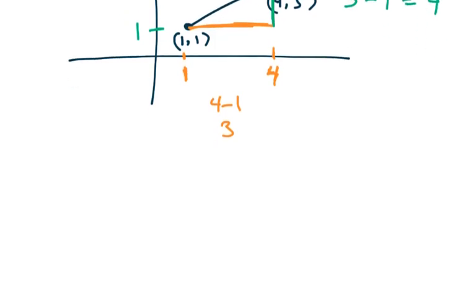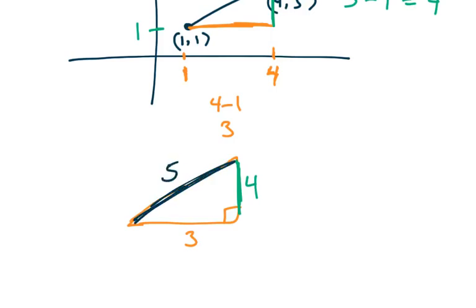So what have I actually done? What I've done is I've made a right triangle that has a length of 3 here, a length of 4 here, and a length of 5 here. Okay? Note, figure not drawn to scale. So how did I know this was 5? Well, what I did was Pythagorean theorem.